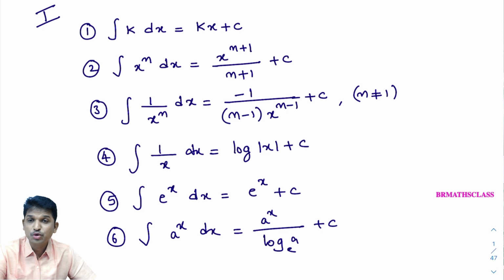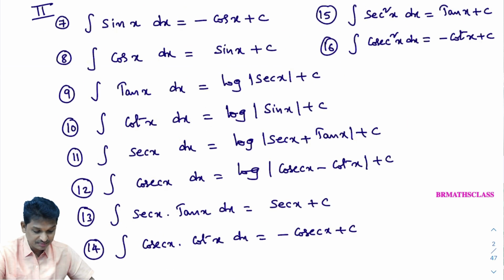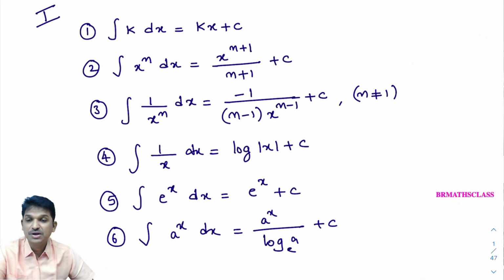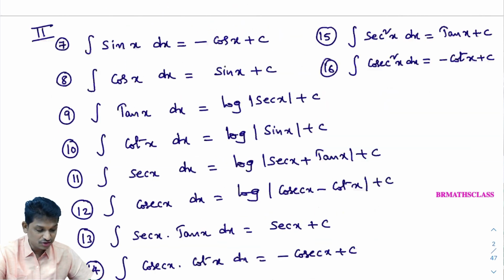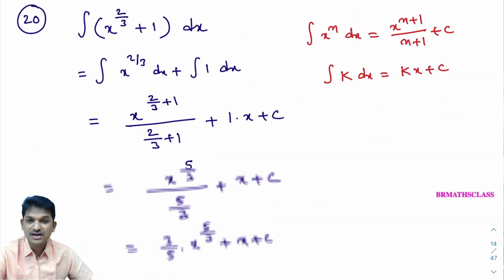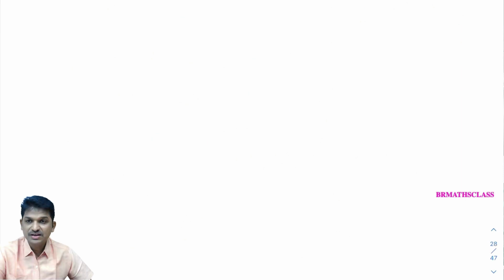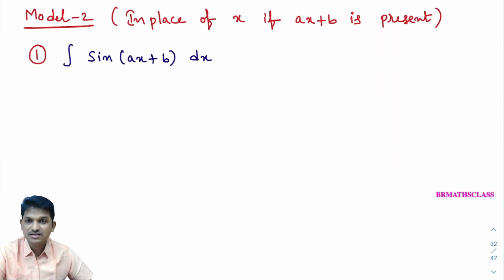Whatever the problems I am going to do today, if you are good in these 19 formulas and in basic differentiation, whatever the problems we did in the second class of integration, then you can understand the problems I'll do in today's class. Let's quickly see, these are the problems we completed in the last class.